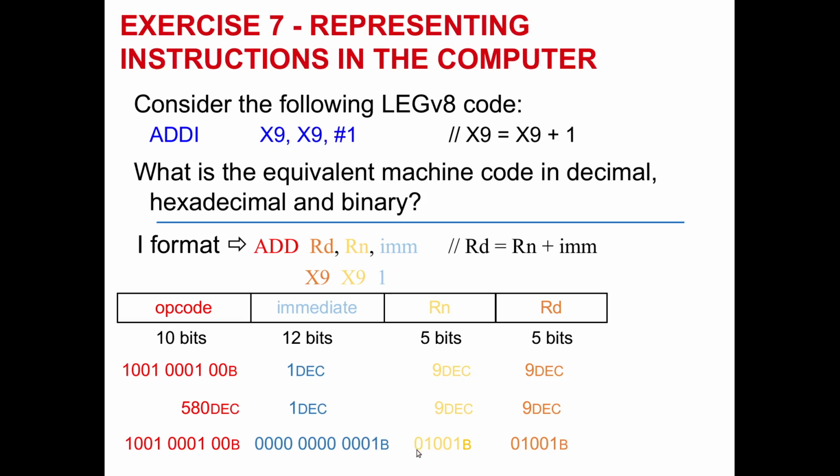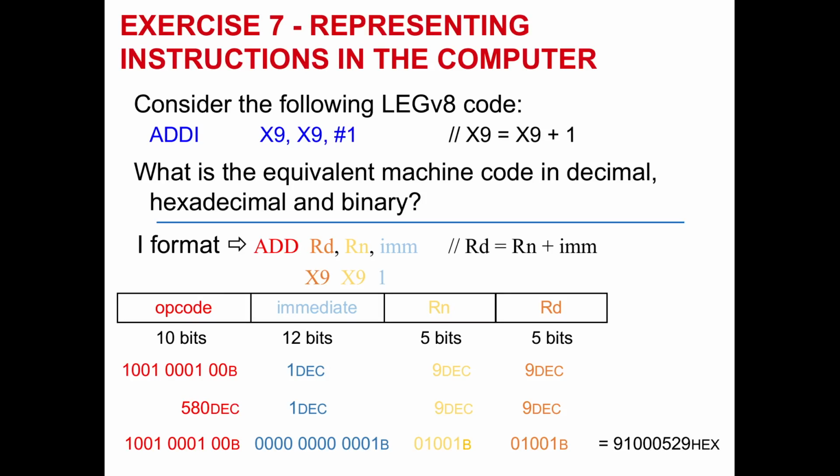The value 9 will be 0, 1, 0, 0, 1 using 5 bits, and these 5 bits are written here. We connect all these bits together, and we will have the hexadecimal for this instruction showing here.